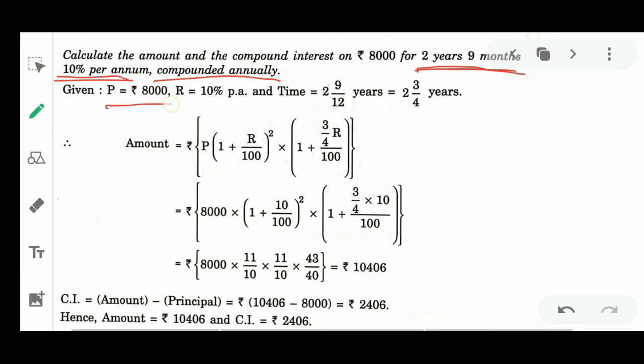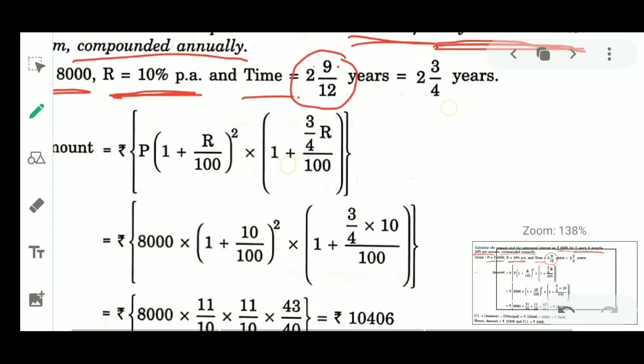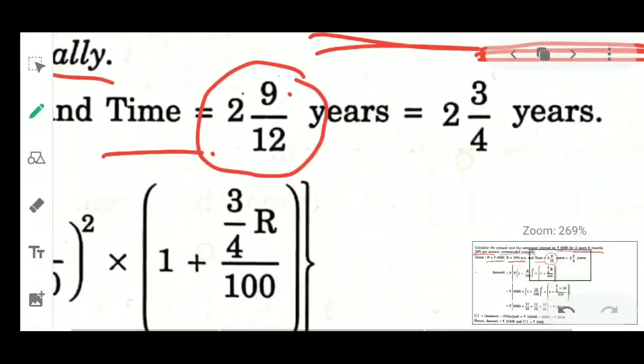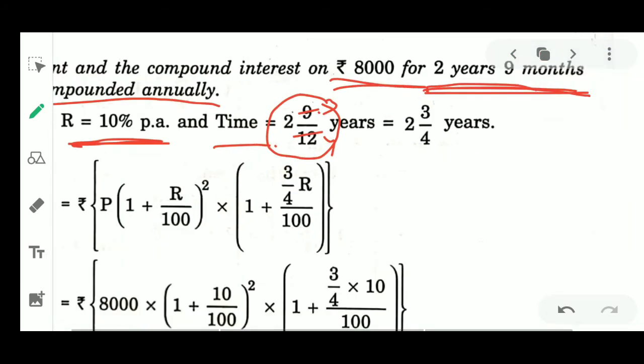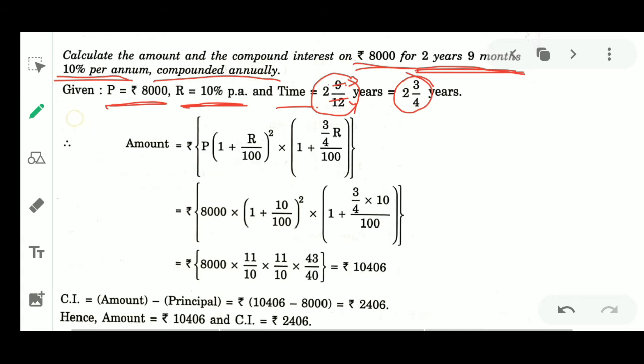P equal to 8000, and R equal to 10% per annum, and time equal to 2 years 9 months, that is 2 whole 9 by 12 years. Here if you divide 9 by 12 by 3, you will get 3 by 4. So time will be 2 whole 3 by 4 years. Clear?